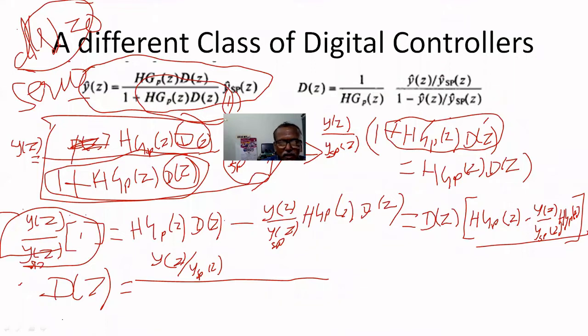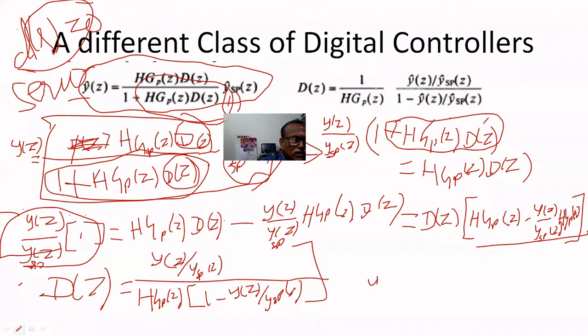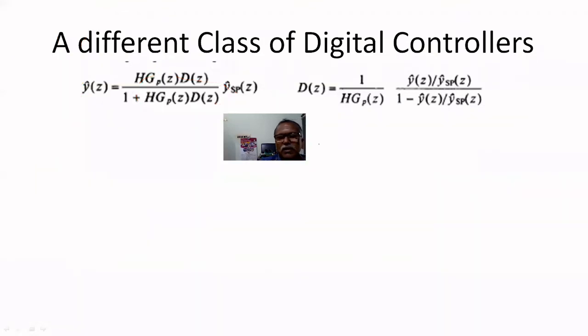Before that, HGP(z) is in both terms, so you can take HGP(z) outside. What is the remaining thing? 1 minus Y(z) by Y set point of z.